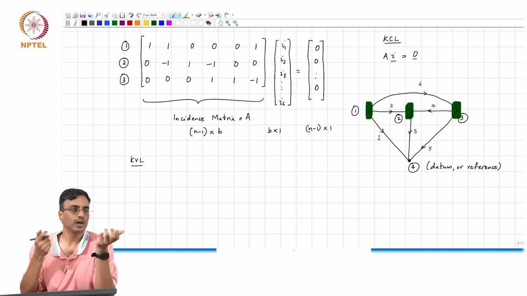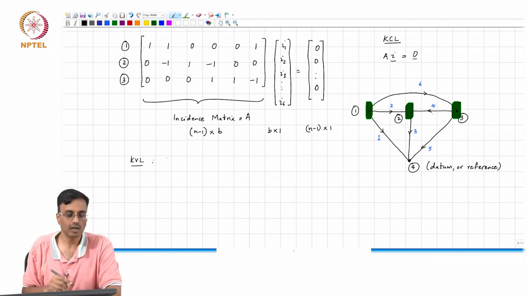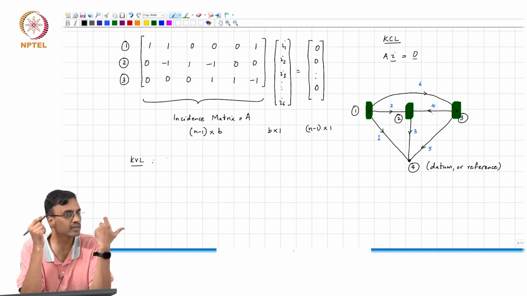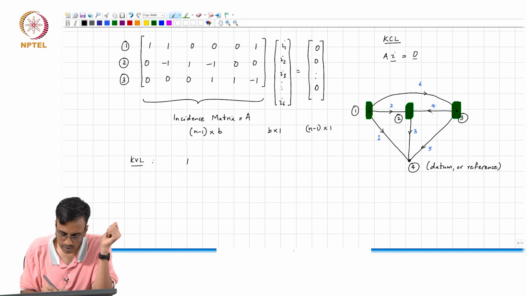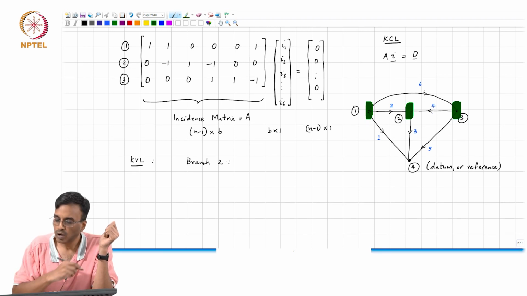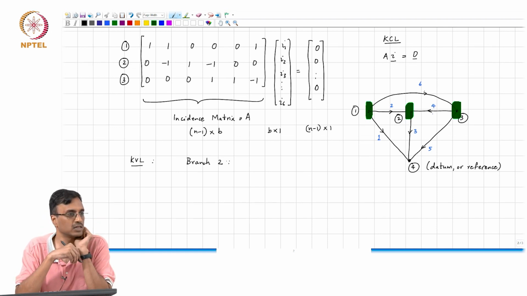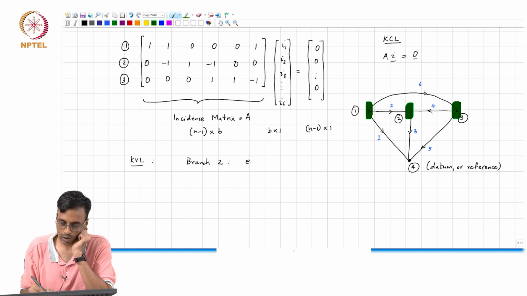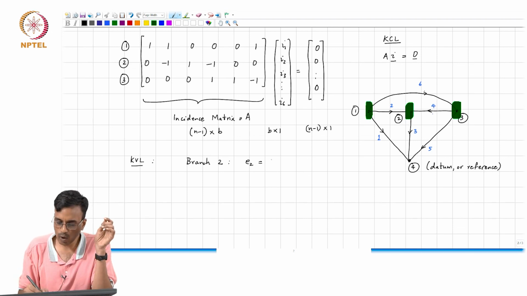It's actually equivalent to saying that you can relate the node potential to the branch potentials by simply, for example, let us say take branch 2, what is the potential of the branch 2? We call that E2, and that is simply V1 minus V2.